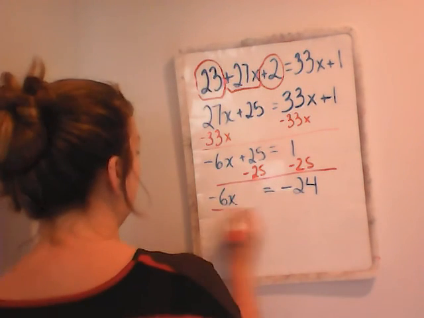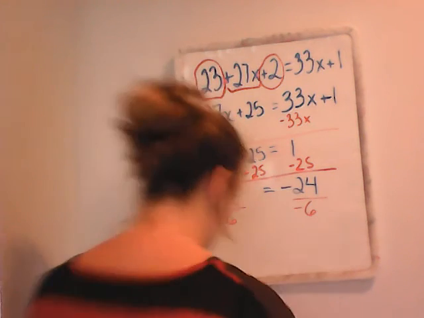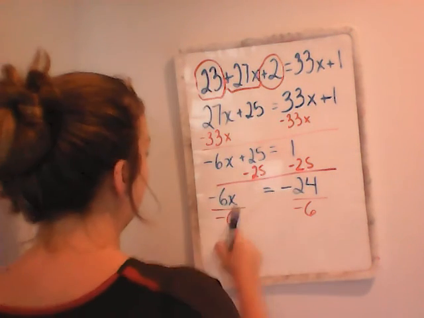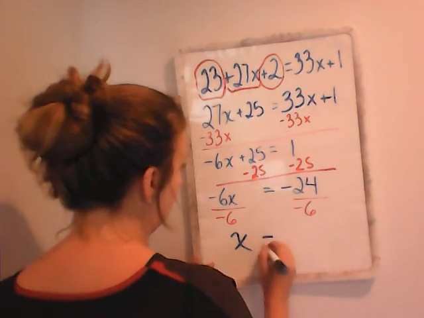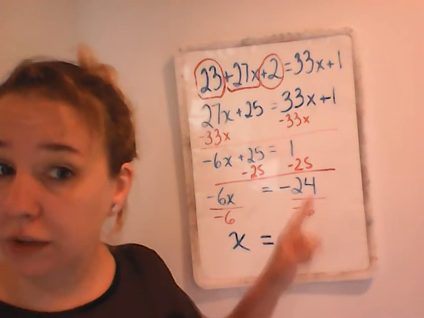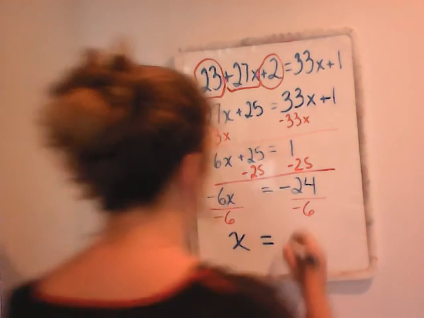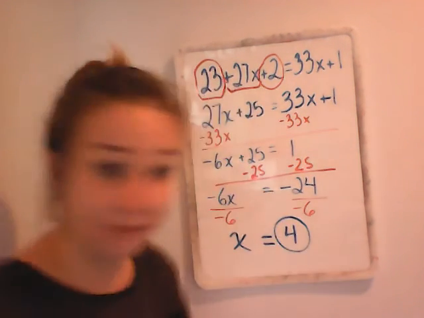Isolating our term, we divide both sides by negative 6. Negative 6 divided by negative 6 is 1. The x comes down, equals sign. Negative divided by a negative is a positive. 24 divided by 6 is 4. So the answer to question 3 is 4.